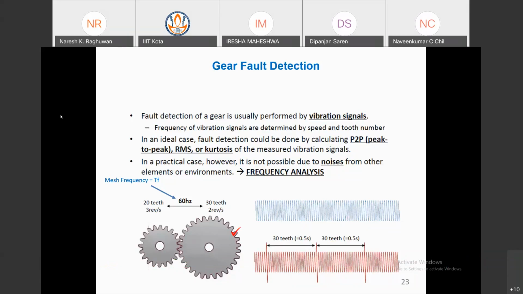If you capture the time domain signal and apply the Fourier transform, it is in the frequency domain. So in the frequency domain, we are looking at the 60 hertz frequency. At 60 hertz, some peak will be there if there is a fault in the gear. But the fault is in the small gear.